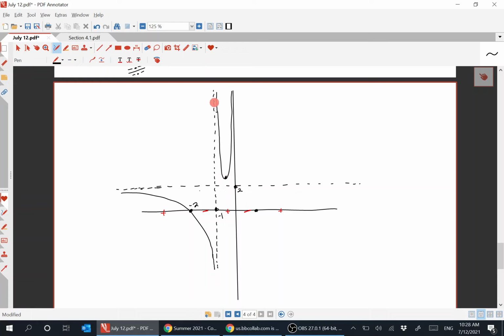It's got to be coming down from the vertical asymptote on that side and climbing up the vertical asymptote this way. So it has to decrease and then increase. And the question is, well, where does that happen? Okay. Well, you may say, well, it's going to happen in the middle at -1 or -1/2. Maybe, but we don't know for sure. You'd have to use the calculus to figure that out.